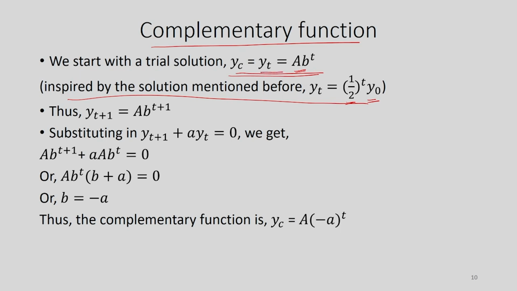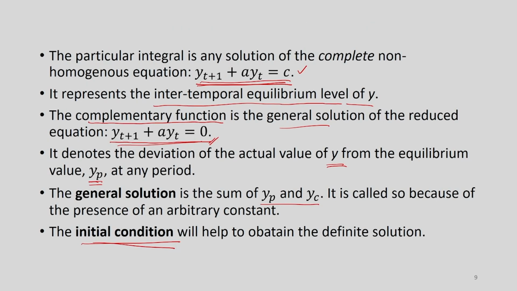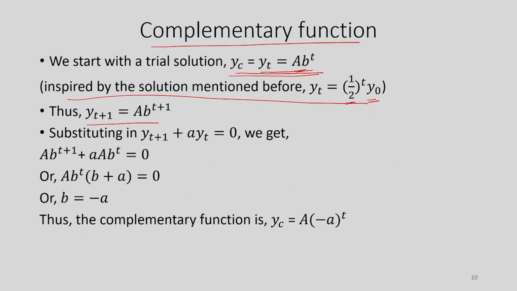Now, if y t is equal to this A b to the power t, then y t plus 1 will be A b to the power t plus 1, right. So, I know y t, I know y t plus 1, and then I will substitute these in this homogeneous equation. Now, if I do that, then I get this, and I can take A b to the power t common on the left hand side.